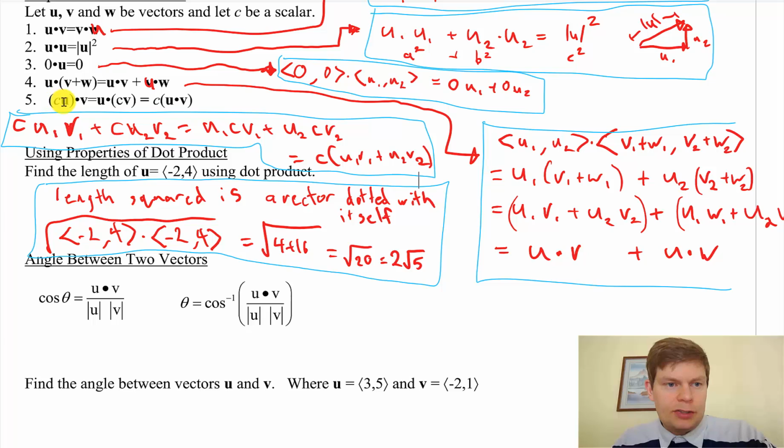So in this case, if I was saying that cu dot v would equal cu1, which would be the x component of cu, times v1 plus cu2 times v2, because cu2 would be the y component of cu. And then we got exactly the same here, except we moved the c over. Now it's multiplying v1 and v2 instead of u1 and u2.